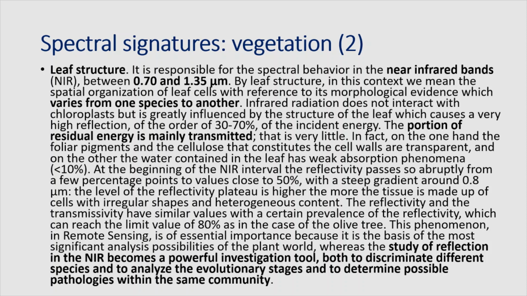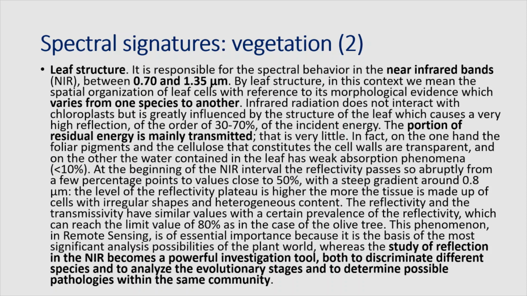So what is very particular for vegetation is that, due especially to the leaf structure, the near infrared band of the incoming energy coming from the sun is mostly reflected with a very high reflection coefficient. And this is the unique surface on the Earth's surface that is reflecting so much in the near infrared.